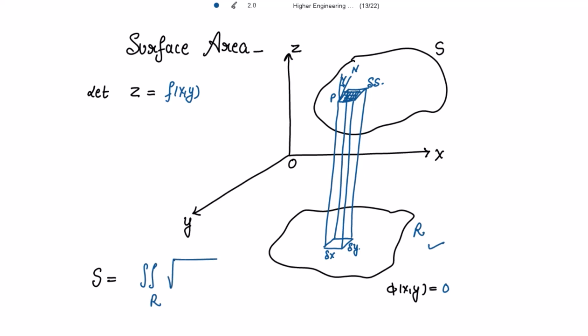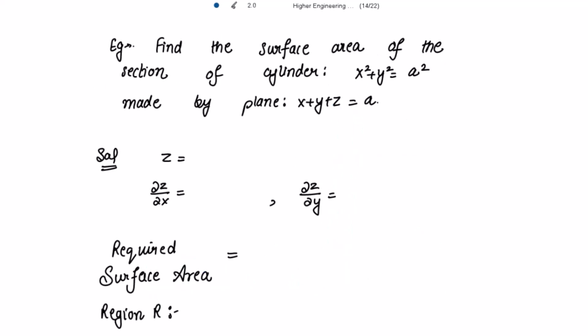Just take the square root of, this is your z, which is a function of xy, differentiating z with respect to x first and taking the square, plus differentiating z with respect to y and taking the square, plus 1. This is the formula, and this is dx dy. Okay, now moving on to the solution.